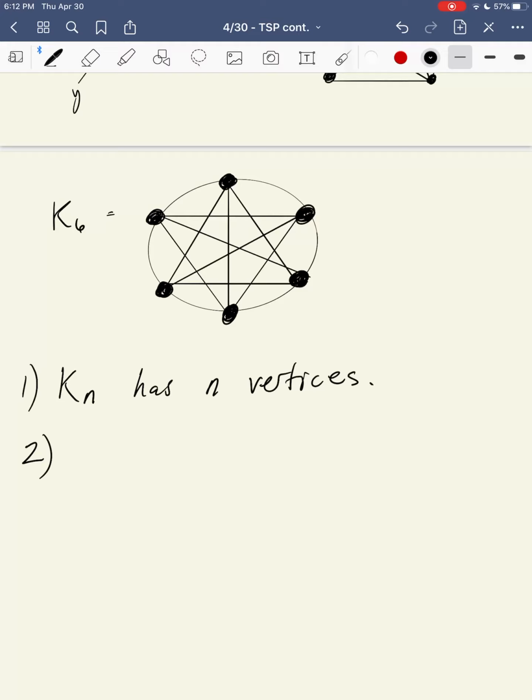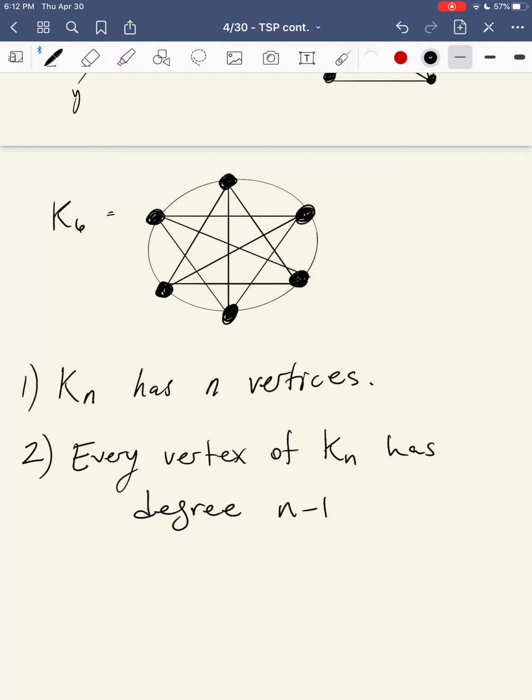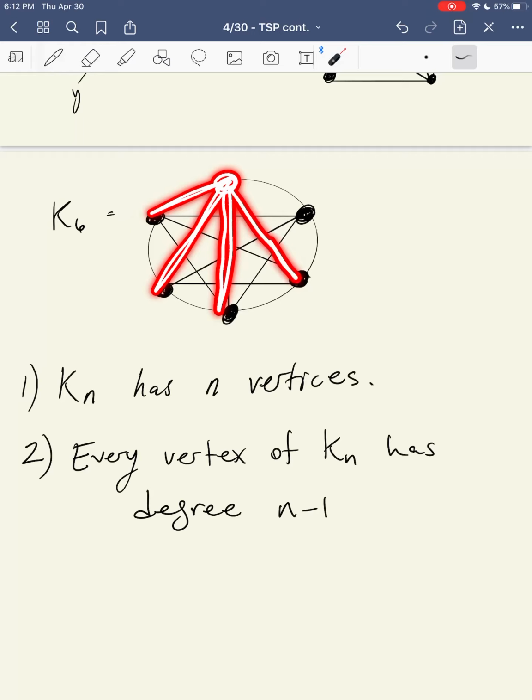Fact 2: every vertex of Kn has degree n minus 1. This is because if you start at this vertex and you want it to be connected to every other vertex, how many vertices are there that you can go to? There's 1, 2, 3, 4, 5, which is 6 minus 1.